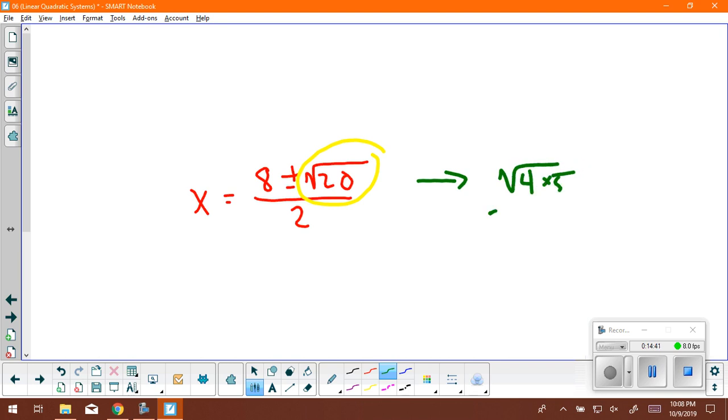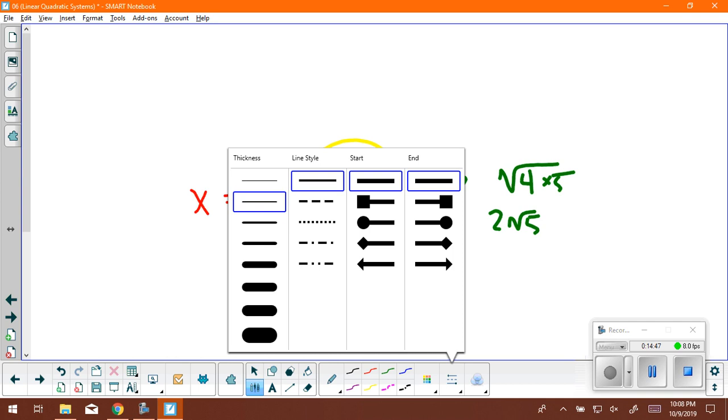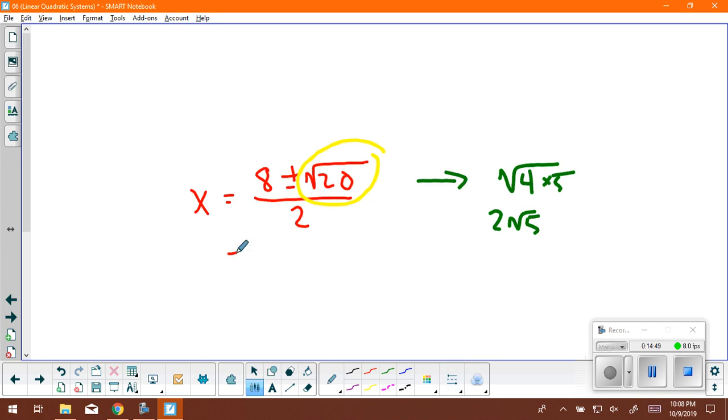So square root of 20 is the same as 2 times the square root of 5. So I go back here. So now I have 8 plus or minus, I want to change that to 2 root 5 divided by 2.